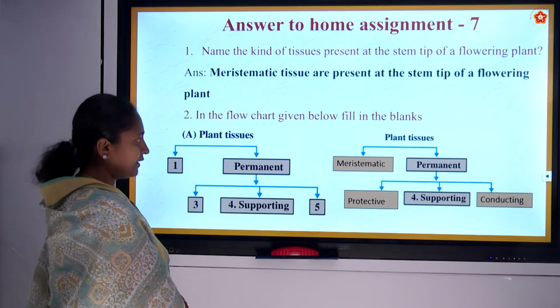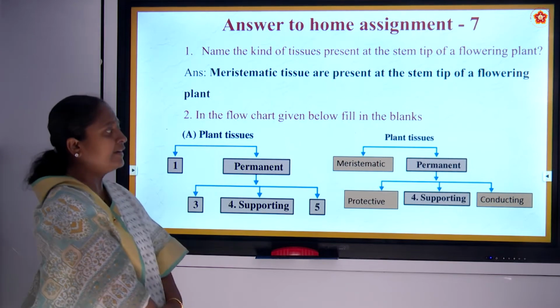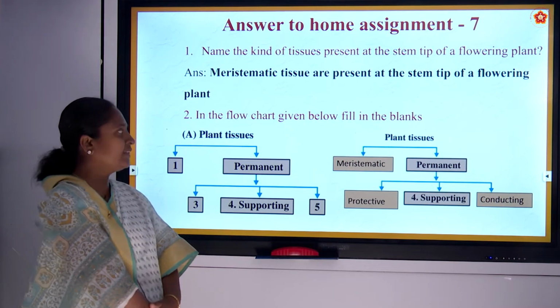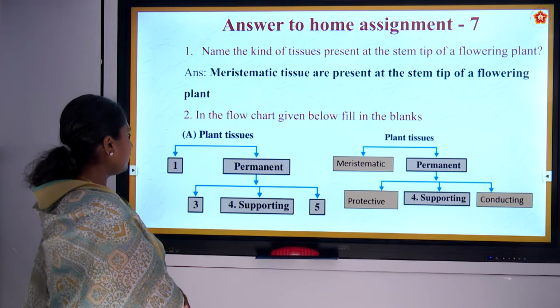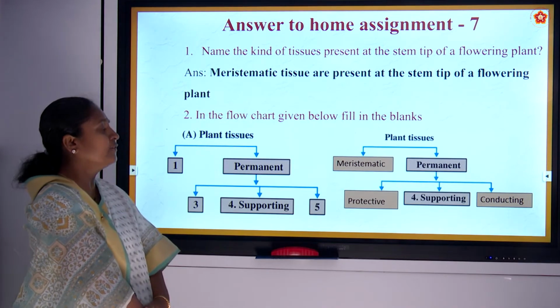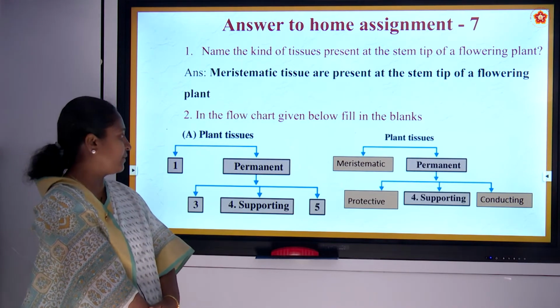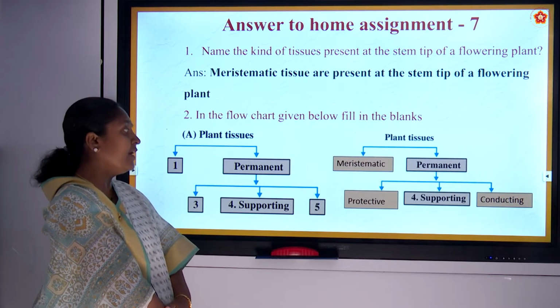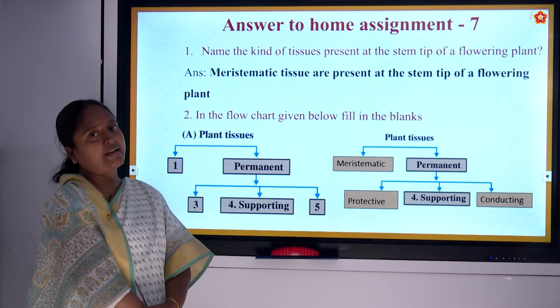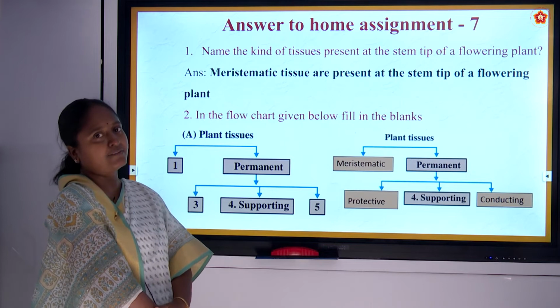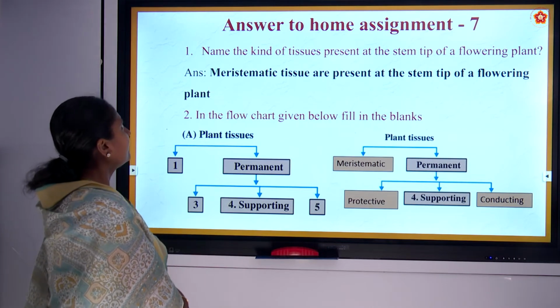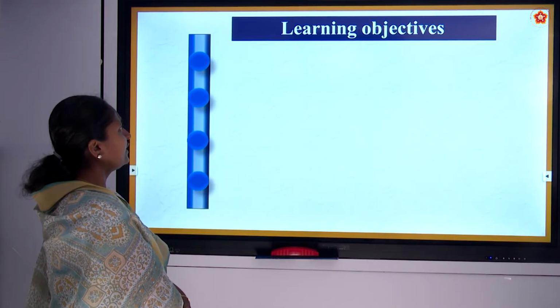That is protective, supporting and conducting tissues. These are the answers for 1, 3 and 5. You can write 1 corresponds to meristematic, 3 corresponds to protective and 5 corresponds to conducting, or you can draw like this also. Okay, with that we will move further.